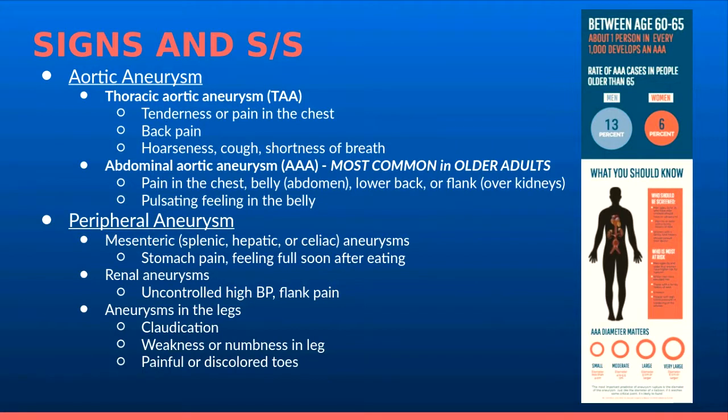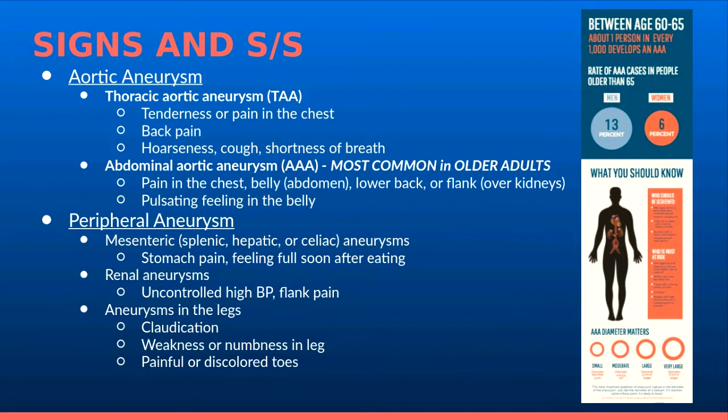Those who are at most risk include men over 65 years old, white men, smokers, those with a family history of AAA, hypertension, and hardening of the arteries. For the peripheral aneurysms, there are the mesenteric ones, the renal ones, and aneurysms in the leg.